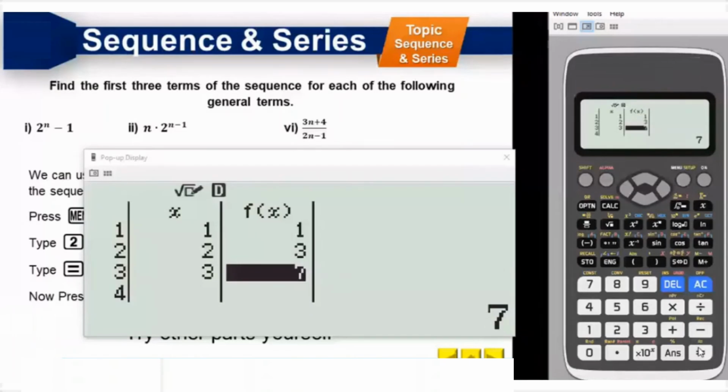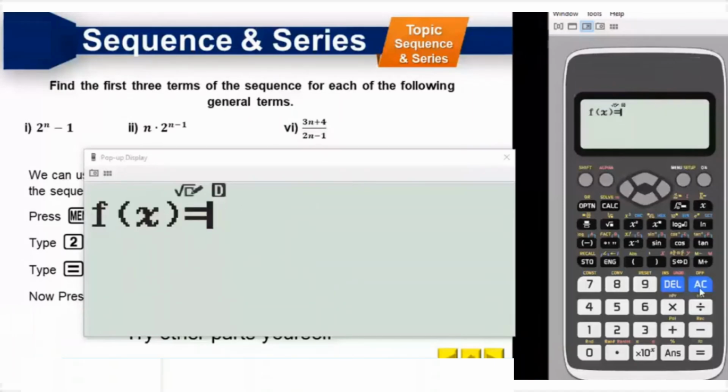Similarly, if I need to solve the second general term, it will be another table, another feature. It is n dot means multiply, n multiply by 2, n minus 1. So instead of n, I will write x multiply bracket open 2 power x minus 1.